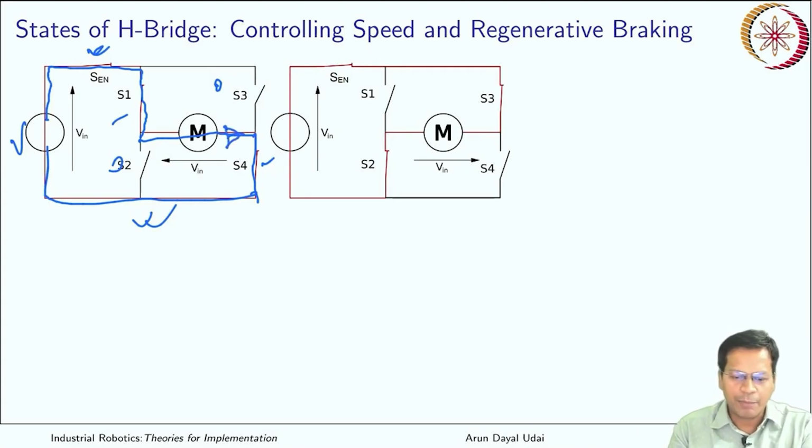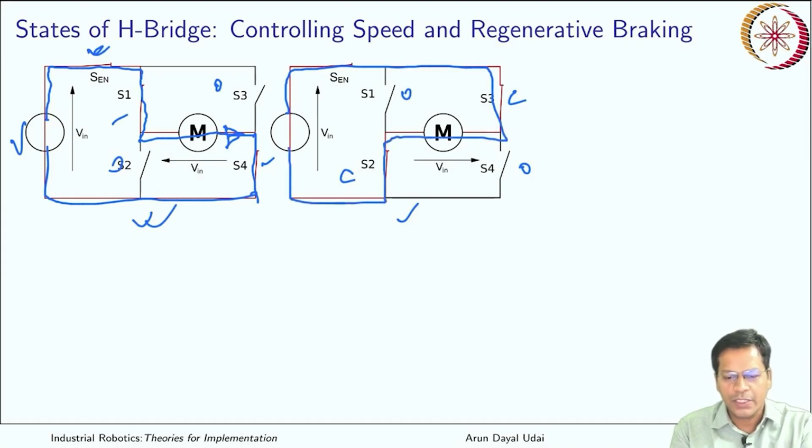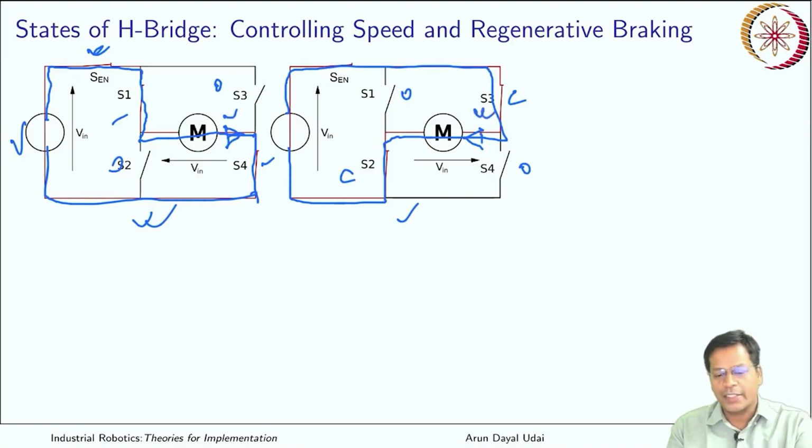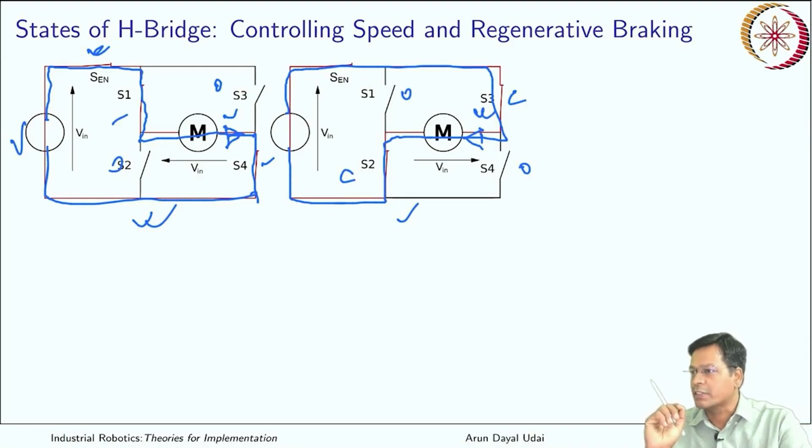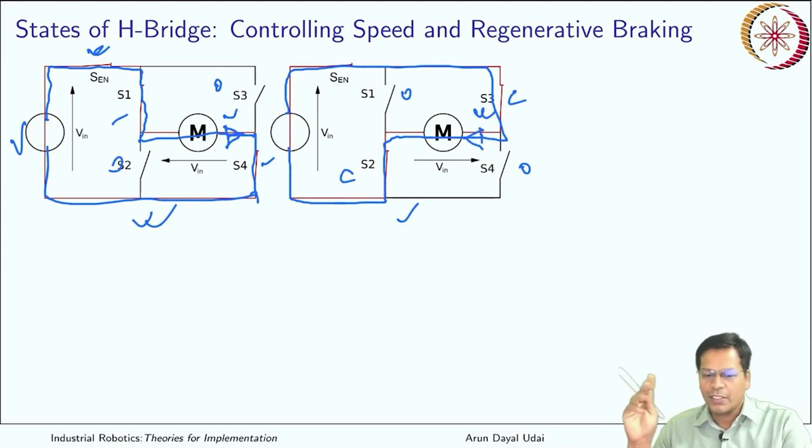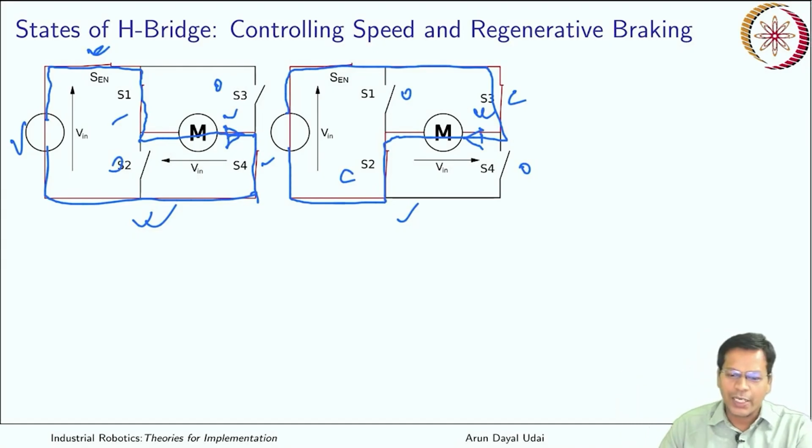But what is happening over here in this one? You have closed this one, this is closed, this is closed, this is open, this is open. In this case, you have current that flows like this. Finally it goes back. So you see, you can very well reverse the polarity across the motor terminals. In this way you can clearly change the rotation direction immediately using an H-bridge.